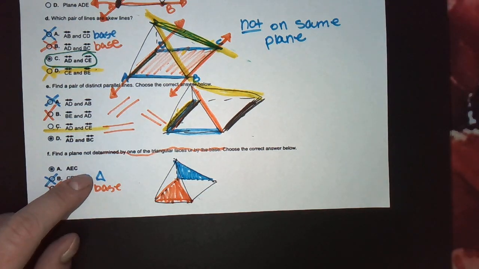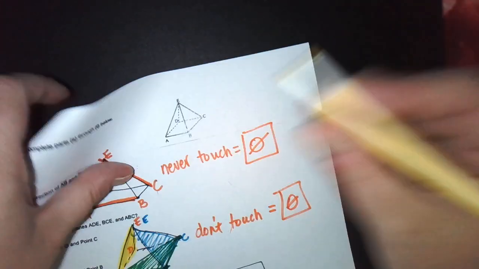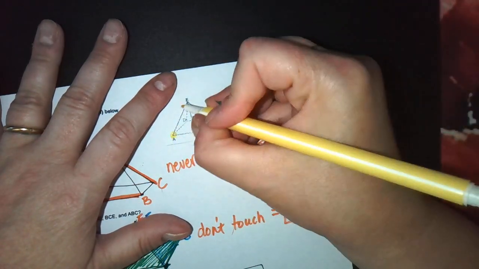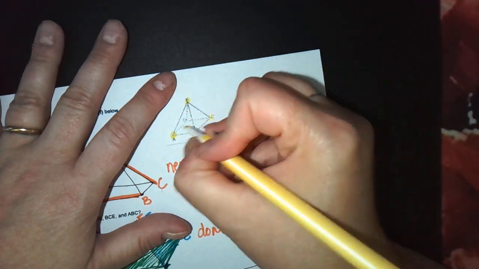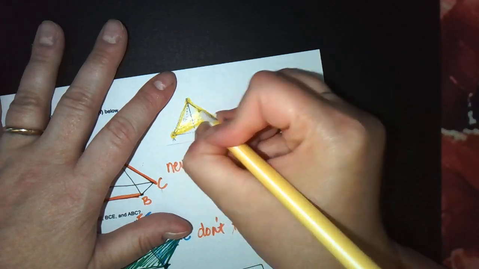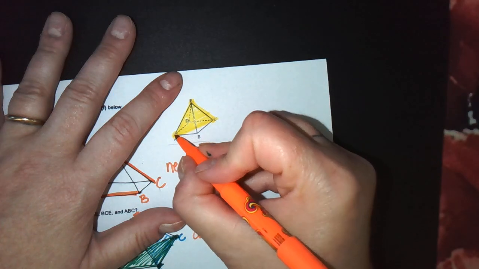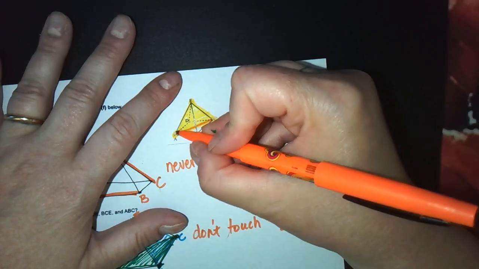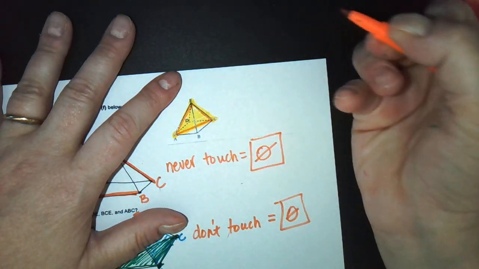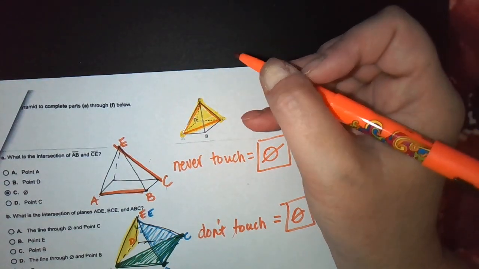Lastly, we have AEC. AEC means bottom left, up to top. Okay, AEC is actually this triangle that's created when we cut through the side of it.